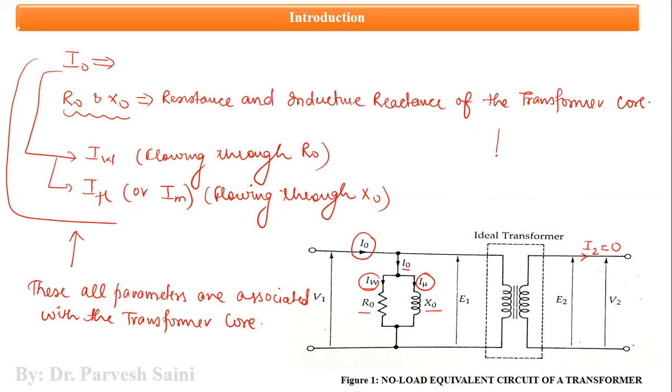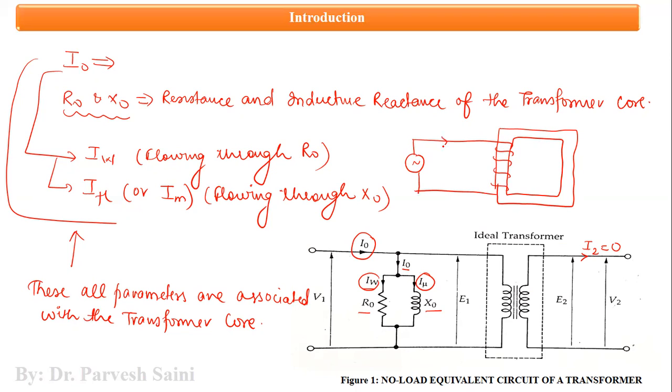If you see in a transformer, even if the secondary is not connected to the load but the primary is connected to the supply, some current I naught will be flowing in this primary winding when the secondary is not connected to the load, right?